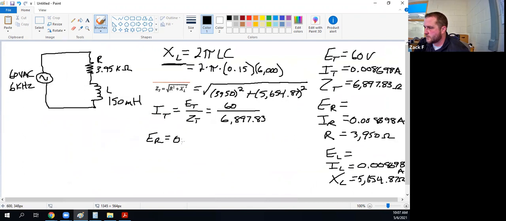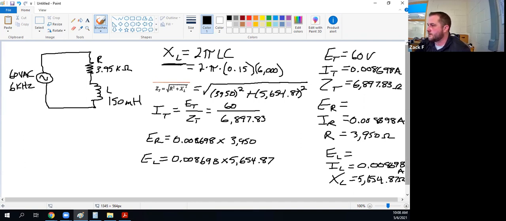So 0.00869 times 3,950. And voltage across the inductor, 0.008698 times 5,654.87.